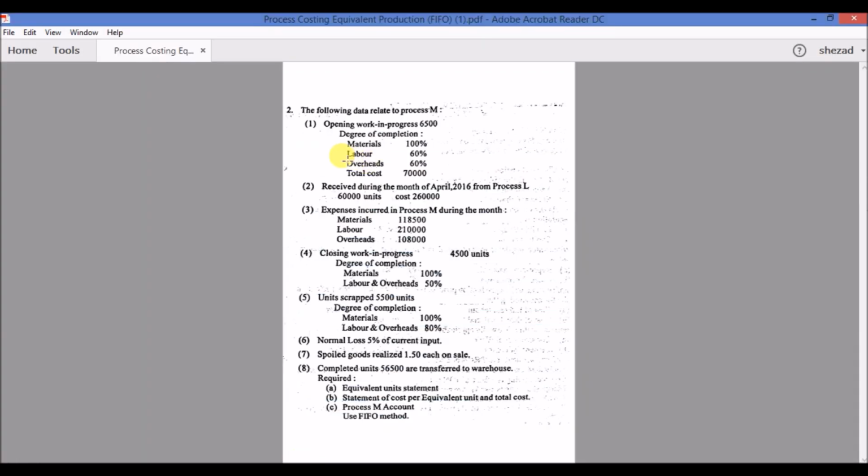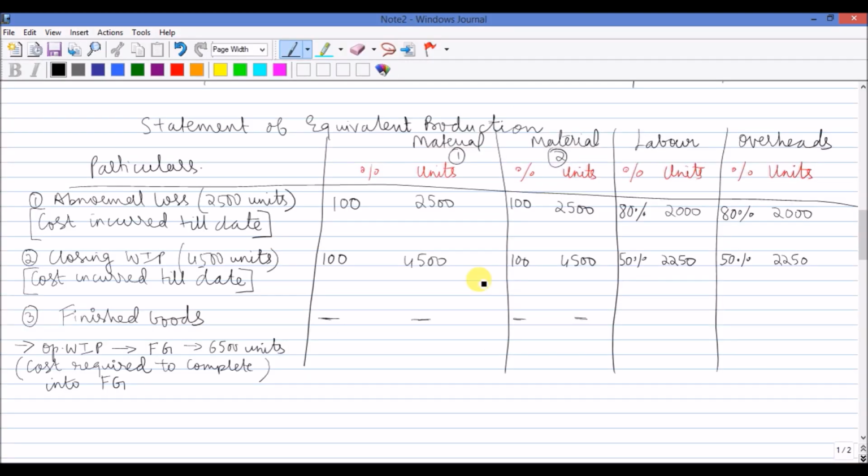Now the labor has worked for 60%. Okay. So in order to make it 100%, how much more labor do I need? I need 40% more labor, my friend. So the labor is going to work 40% in order to complete into finished goods. So I'm going to multiply 6500 by 40%. 6500 into 40% is 2600, my friends.